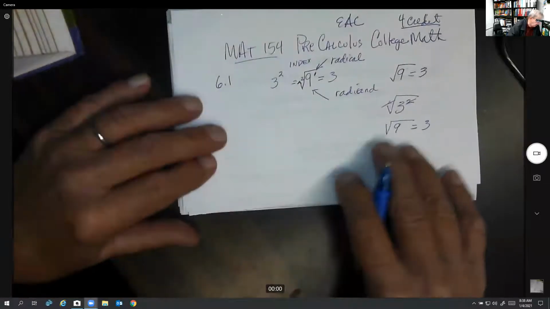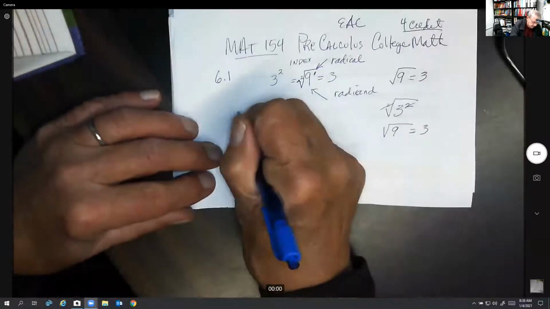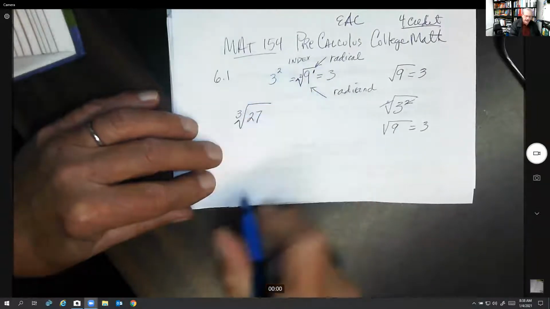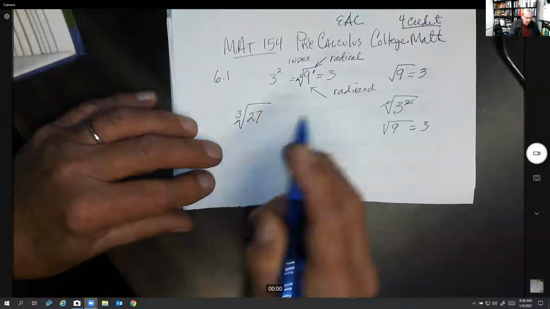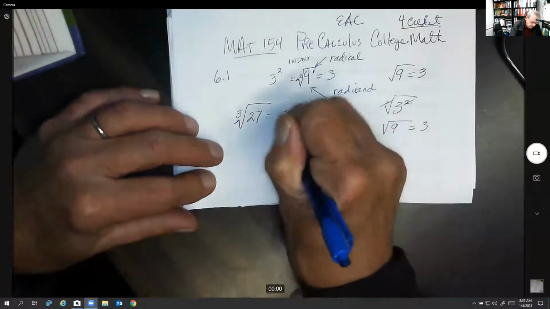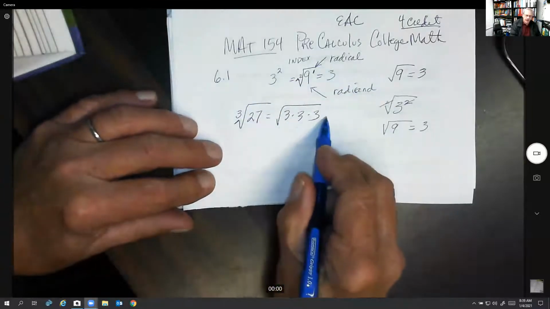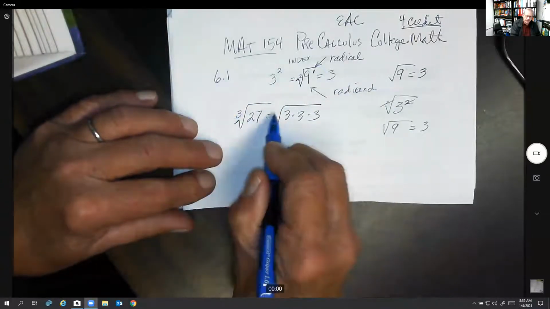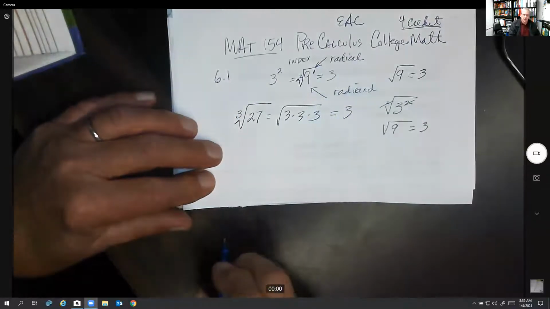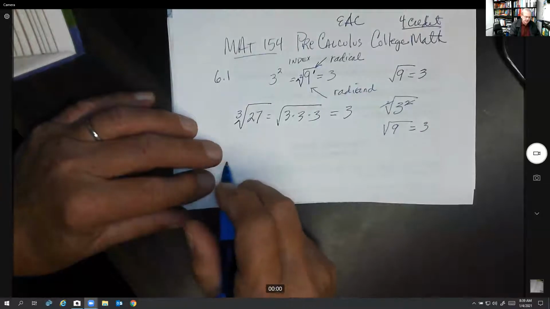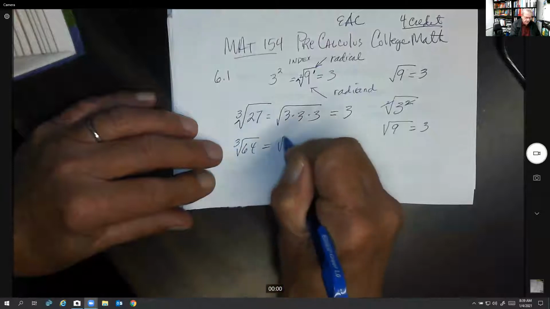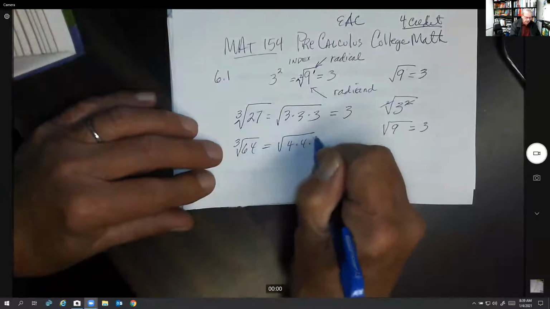Okay, we can also have higher indexes. We can take cube roots, like the cube root of 27. Here we would have to write the index down. We know 27 is 3 times 3 times 3. So when we have 3 threes, the answer would be 3. Cube root of 27 is 3. The cube root of 64 is 4 times 4 times 4.